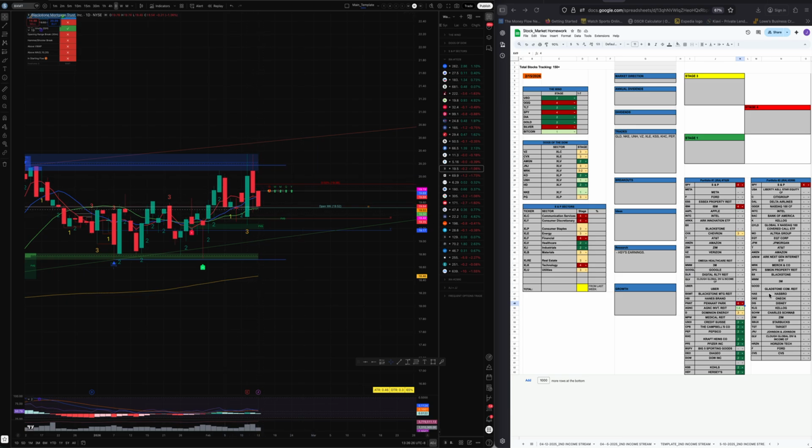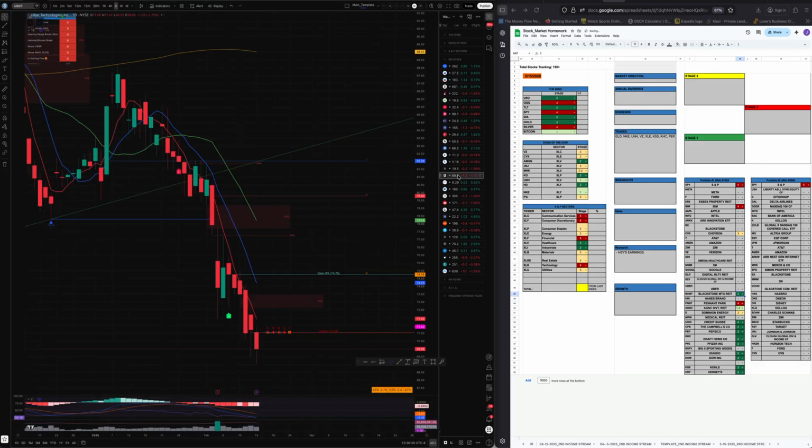So it's still in a stage two, but its direction is going down to stage four. So I'll still put 2-4 because it can go either direction.